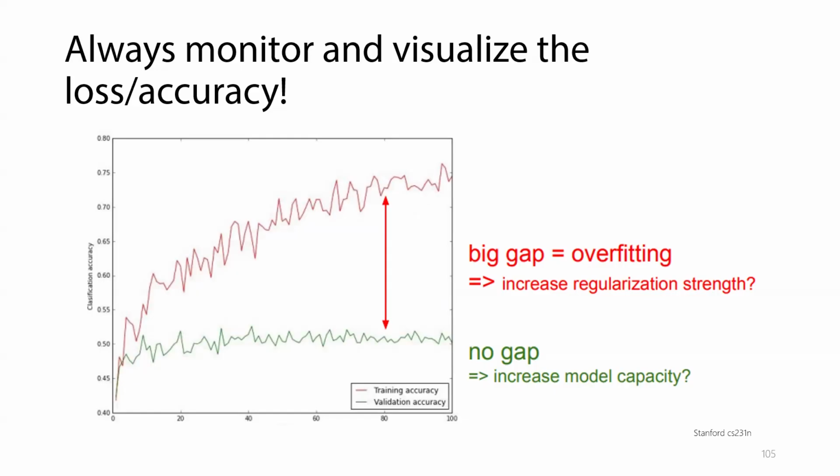The training curve and the validation curve. This is something that we already talked about, but it's always a good idea to set aside some subset for validation and then monitor its performance as well. So during training, you monitor the training accuracy, which is kind of a flipped version of the loss.